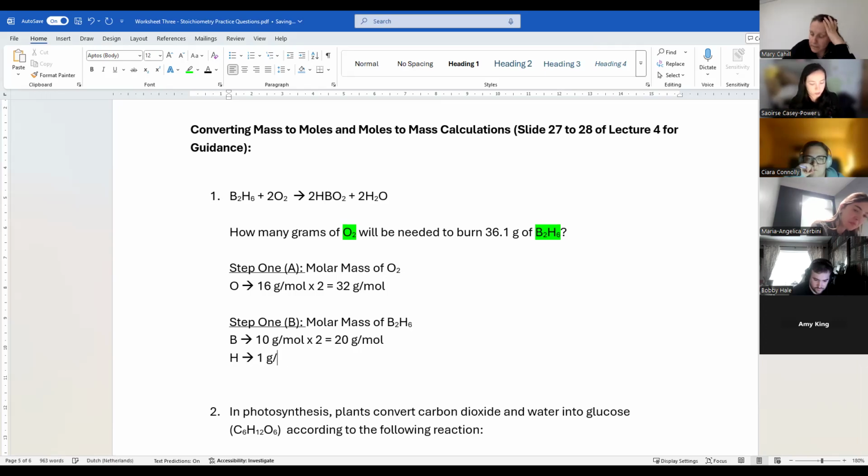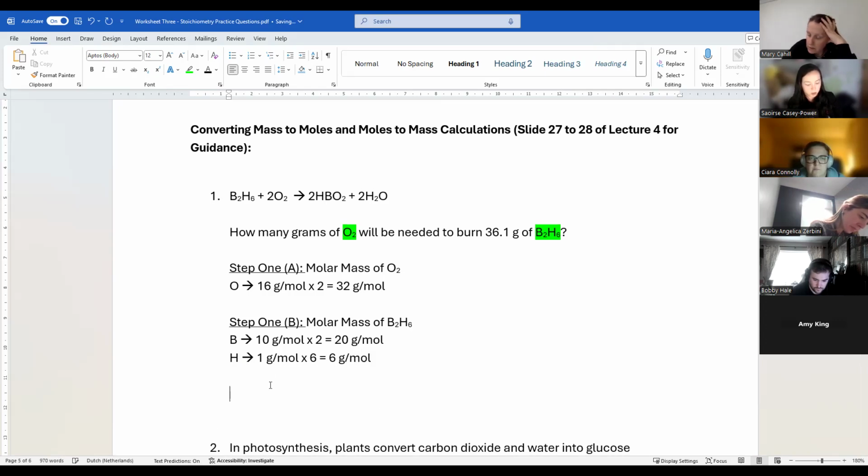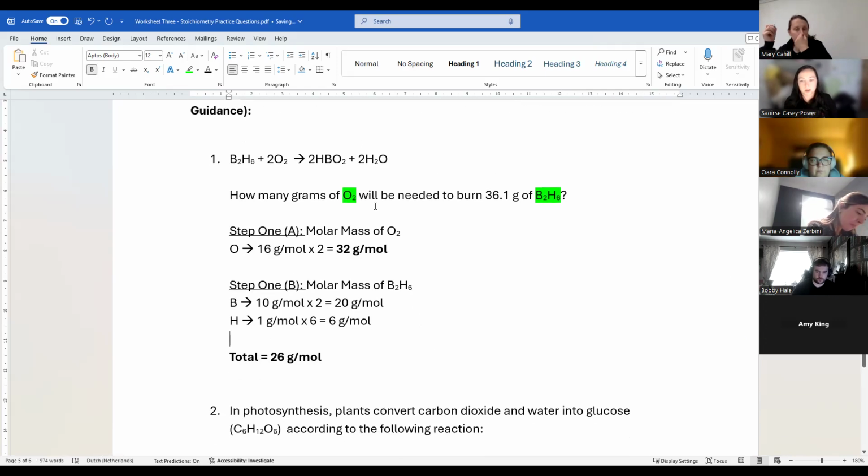Hydrogen has a mass of 1 gram per mole, and based on my molecular formula, I have 6 hydrogen atoms, so that will give me 6 grams per mole. To work out my total, I just need to add those together, which will give me 26 grams per mole for my B2H6. All right, so there's your step one.